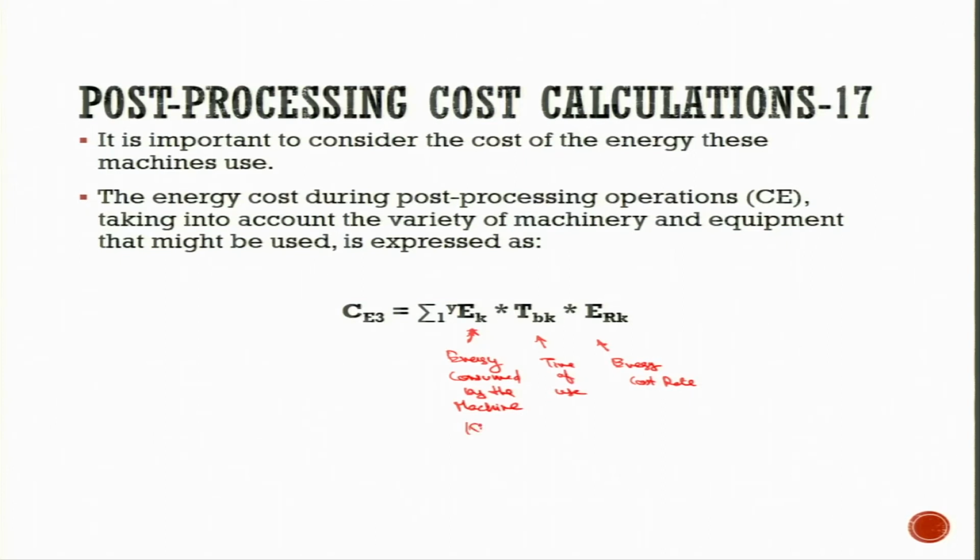This energy is in kilowatts, time taken is in hours, and the rate is rupees per kilowatt hour. So it is important to consider the cost of the energy these machines use, the energy cost during post-processing operations. Taking into account the variety of machinery and equipment that might be used is expressed as this relation here.